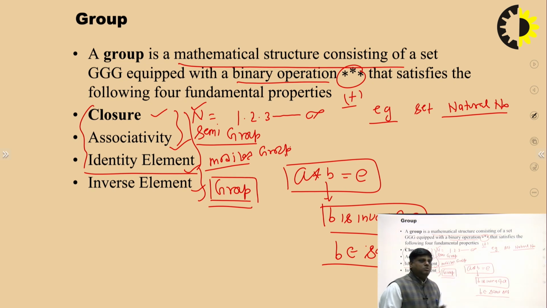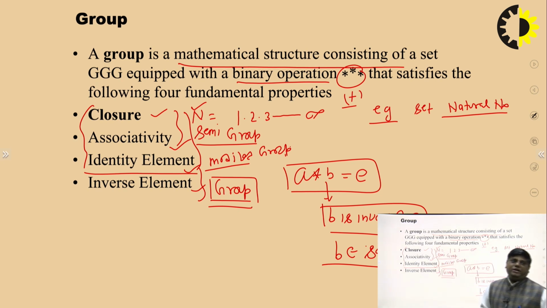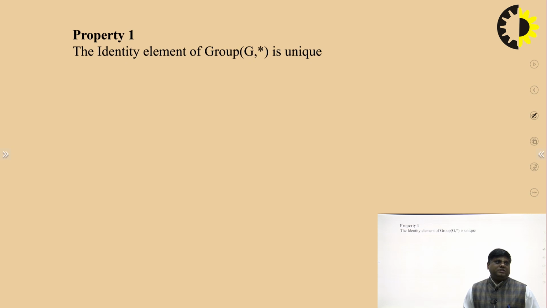It means the set of natural numbers for the multiplication operation is a monoid. The set of integers, a set of real numbers for the binary operation is known as the group, because the inverse property is also followed, the identity element is also followed, the associative law and closure property are also followed. So these are the basic definition of the group by which we can explain all the mathematical concepts.